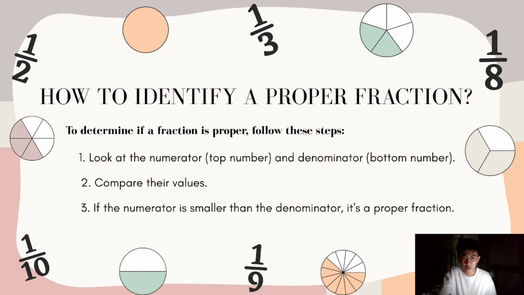And third, if the numerator is smaller than the denominator, it's a proper fraction. An easy way to remember this is to think of proper fractions as proper because they're less than one whole. Remember, for a fraction to be proper, the numerator must always be less than the denominator, as this ensures that the fraction represents a part of the whole, not the whole itself or more than the whole.